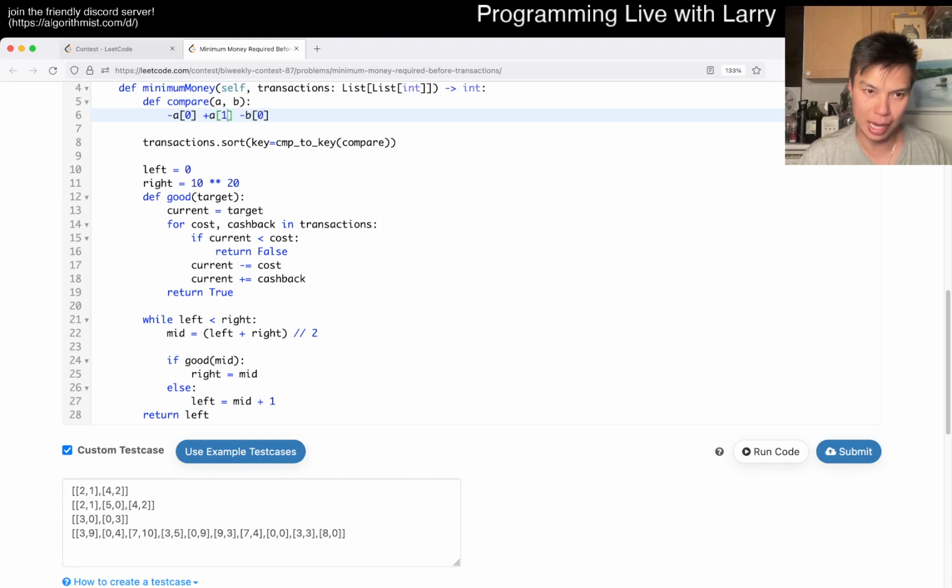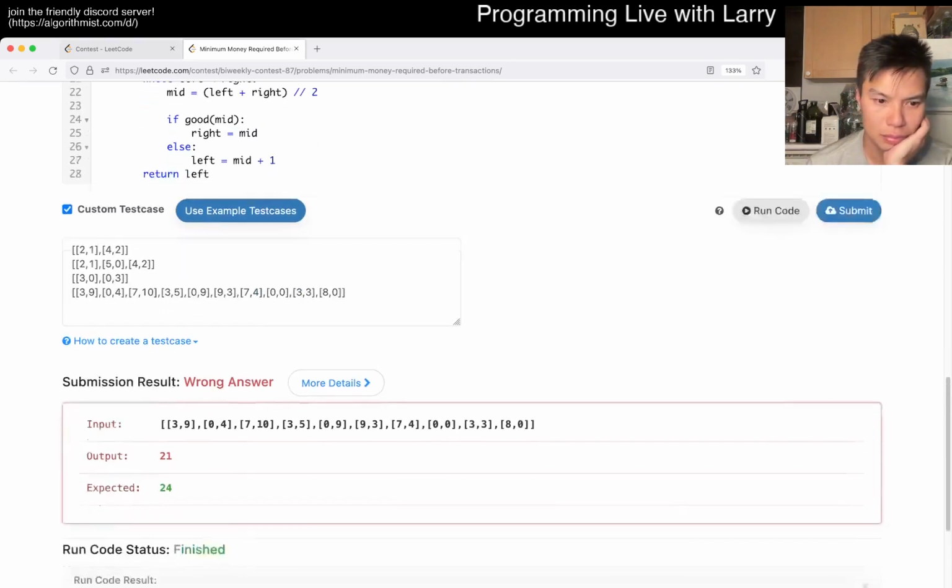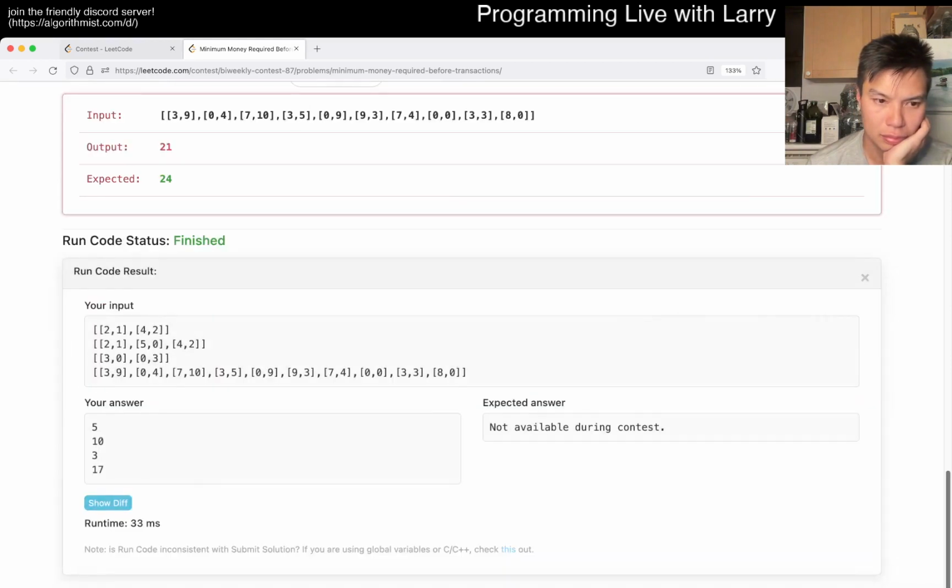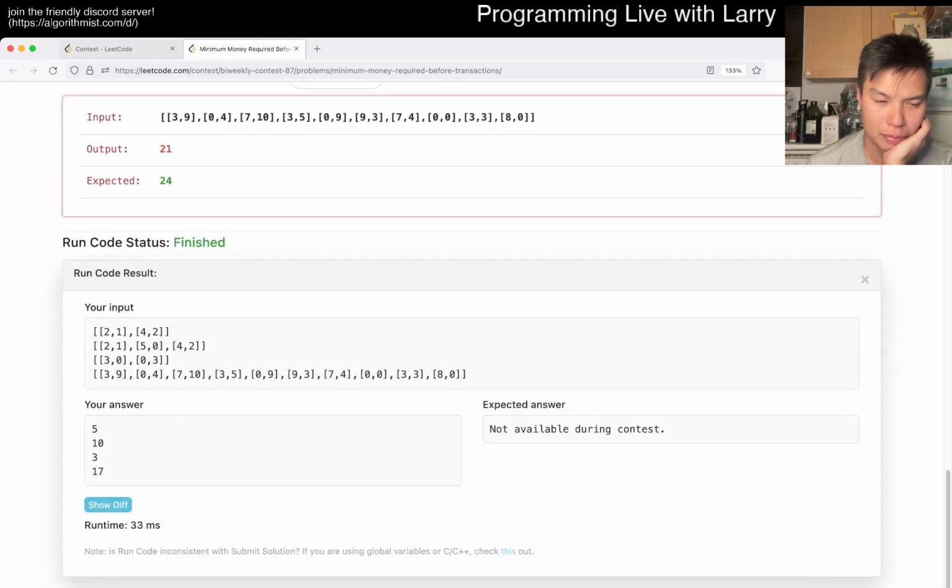We compare that, how do I write this comparator again? So we compare this to something like that. Well, these three are right, but this one is really wrong.